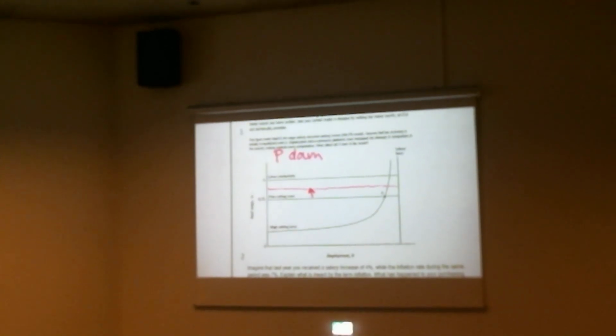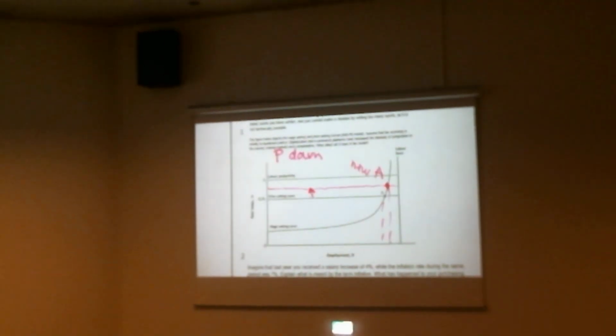And then we get a new point A up here. So we can see from the diagram that employment will be higher and unemployment will go down.